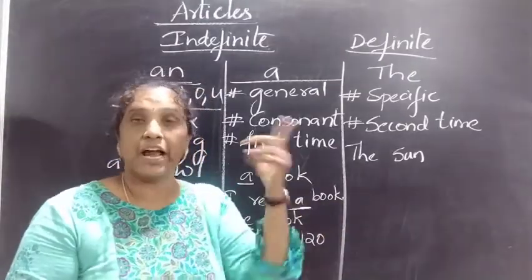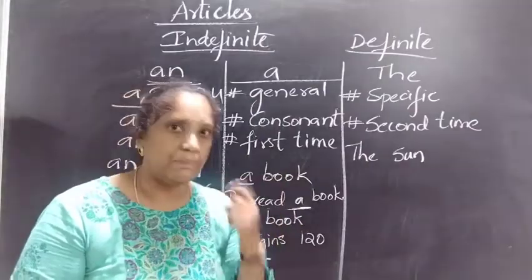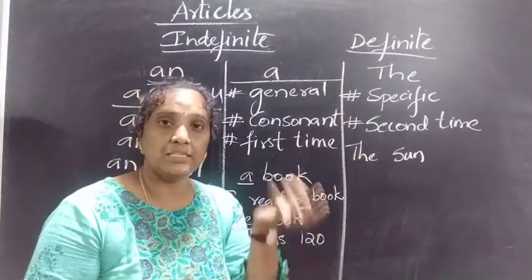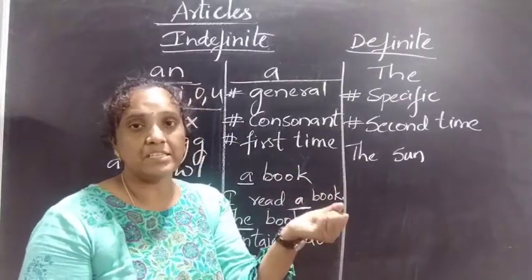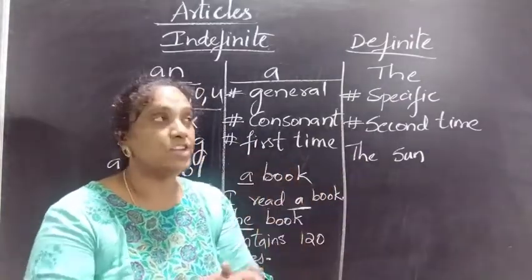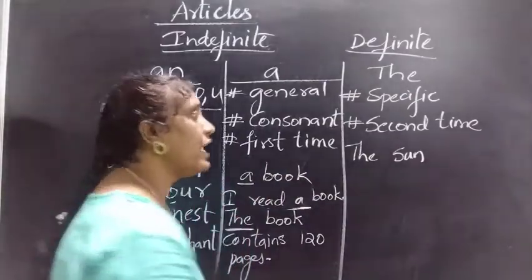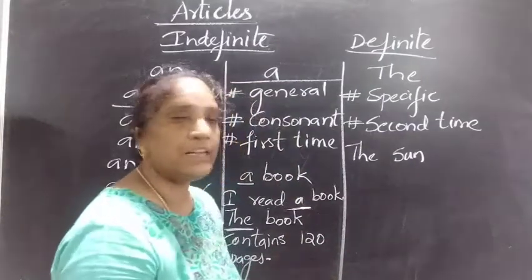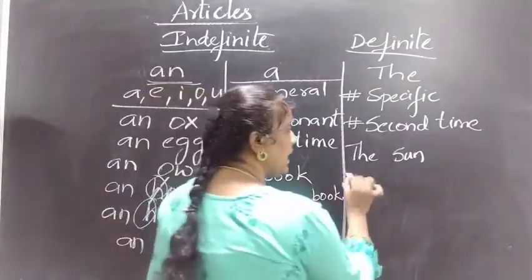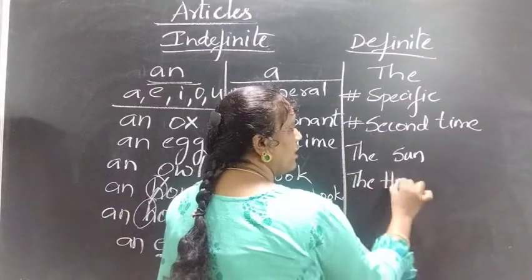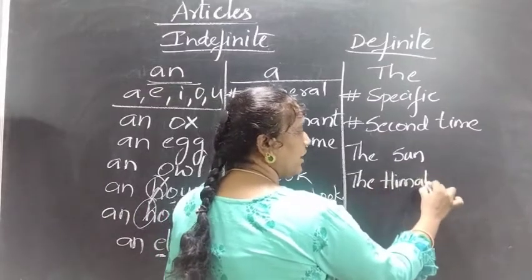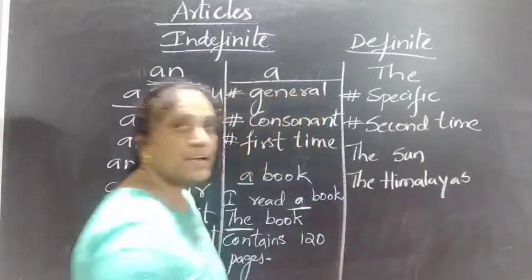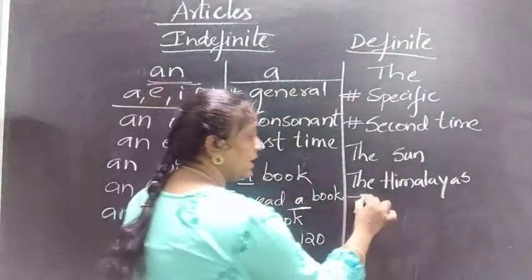A star is shining. But when I am talking about a particular star, the star Rohini, means I am talking about a star of the name Rohini, then I will say the star Rohini is shining brightly. So for the stars, when I use a name specifically, then I use the. Even the Himalayas, all the mountain ranges, particularly if I am talking about their name, then I say the Himalayas, the river Ganga.